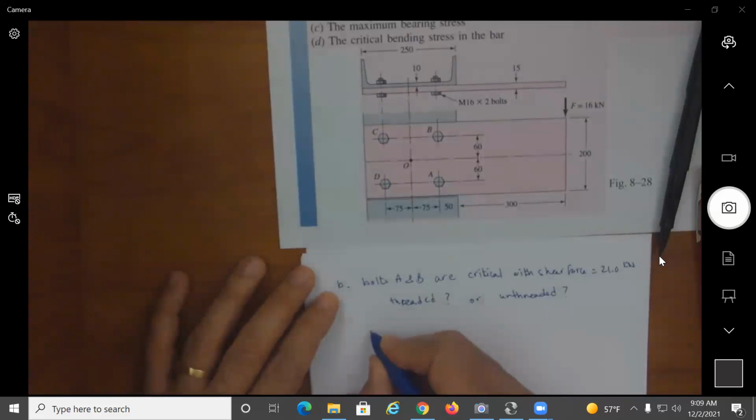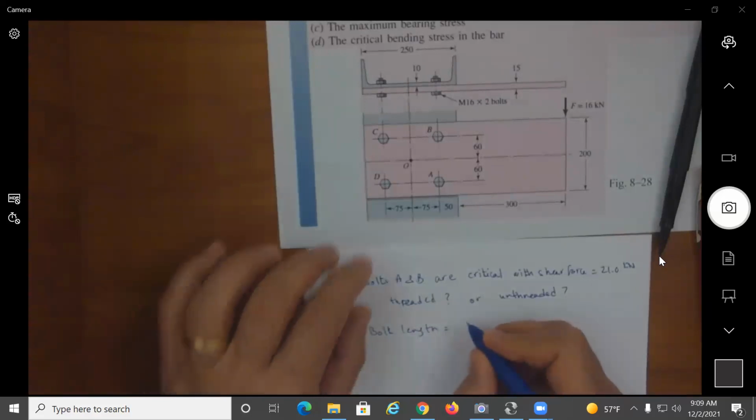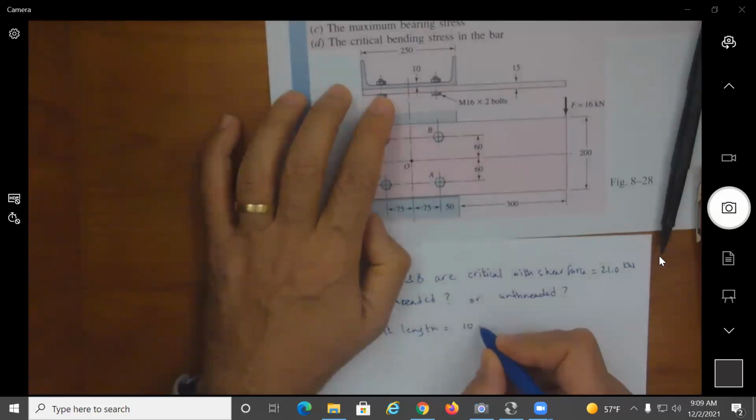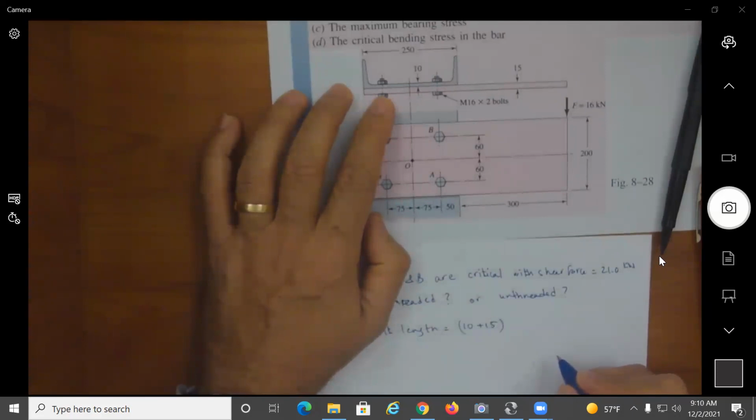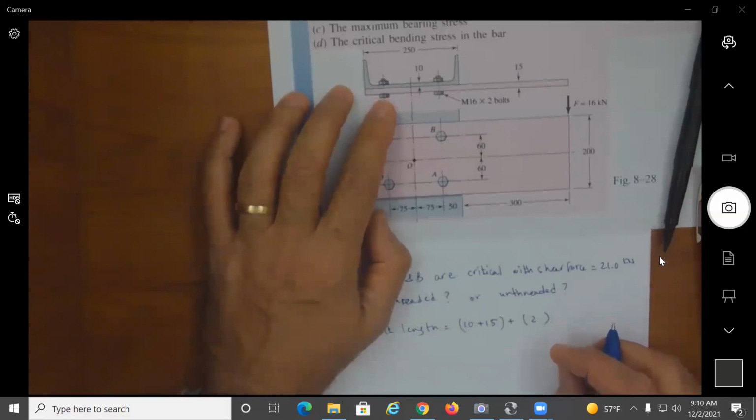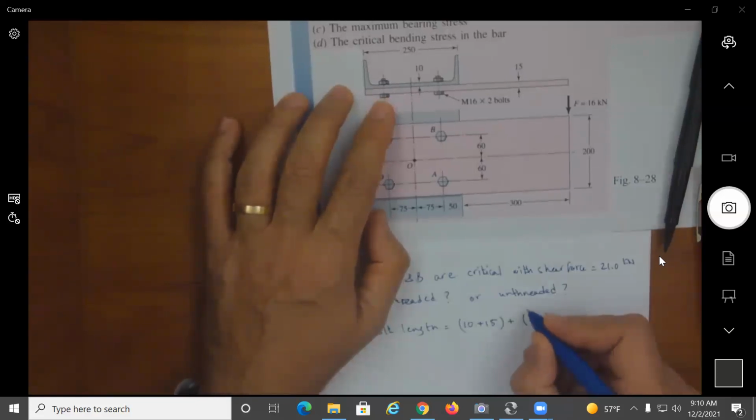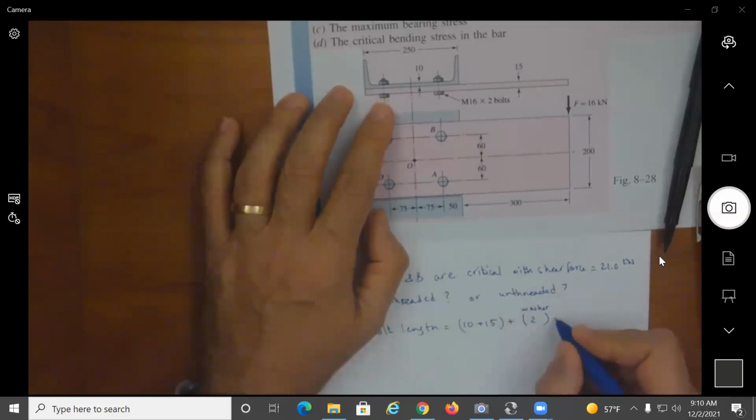So we can say the bolt length is equal to 10 plus 15, plus 2 millimeters for a washer. And for the nut, we're going to look at the tables.